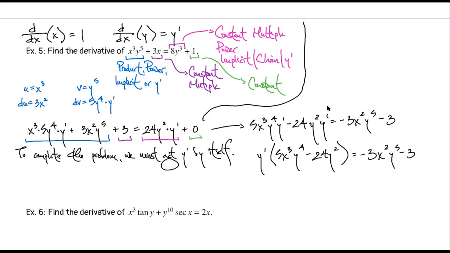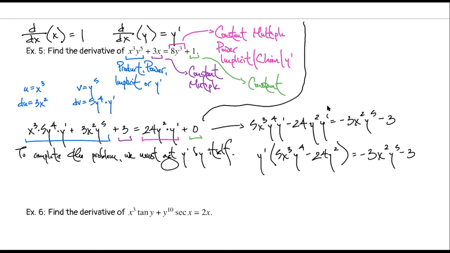And the benefit to this, how do I get y prime by itself, right? That's my end goal. My end goal is to get y prime by itself. That is perfect.